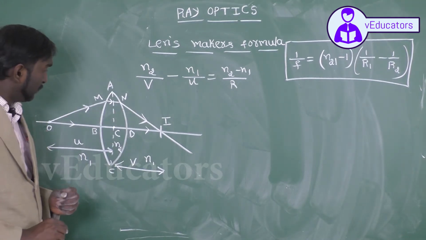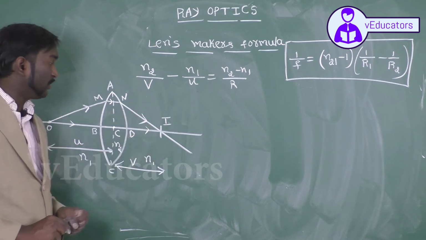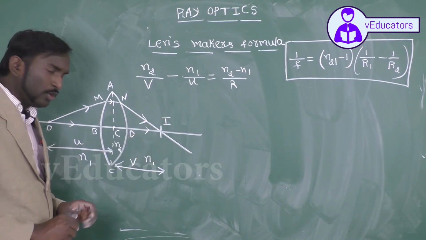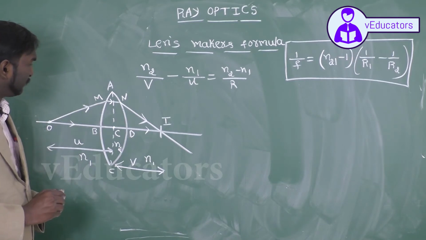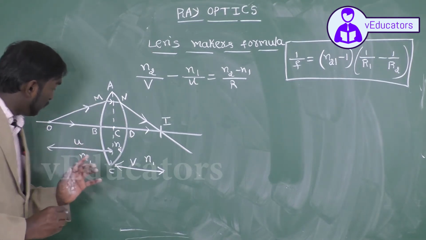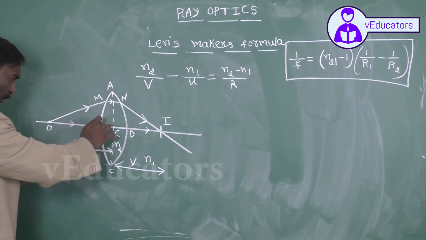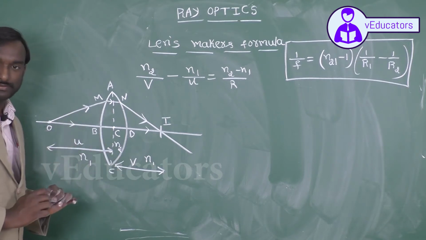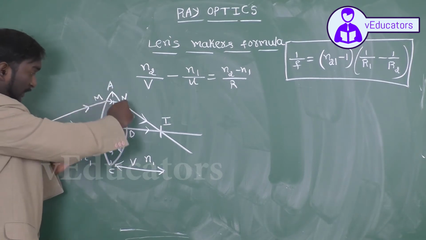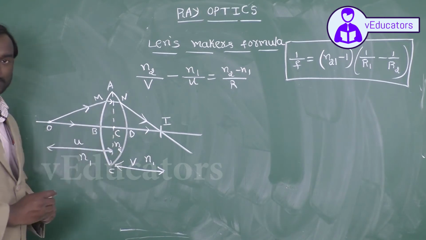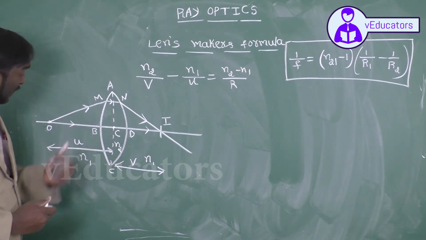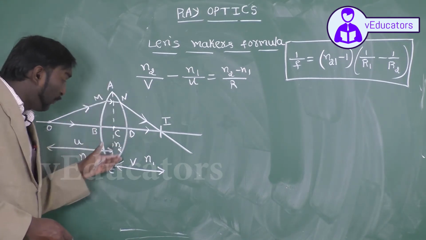But the formation of the image is actually in two steps. First one, in the presence of ABC, means in the absence of the second surface ADC. Second one, in the presence of ADC.